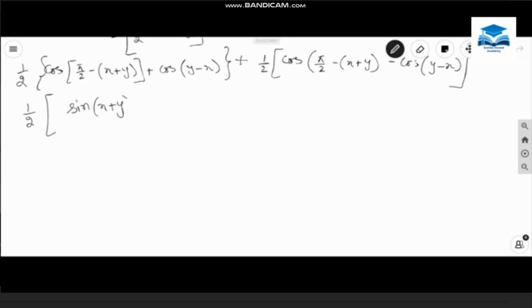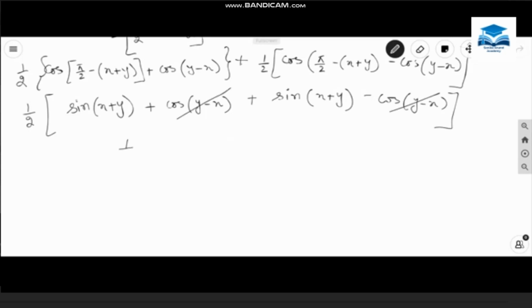Clear? It has become cos y minus x. Similarly, cos 90 minus theta, that is sine x plus y. And here minus cos y minus x. No problem. Both of them get cancelled. So it becomes half 2 sine x plus y. 2 and 2 get cancelled and we are left with sine x plus y.